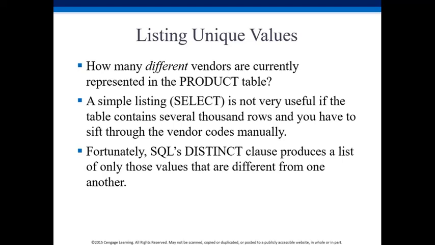For example, in the product table, some products have the same vendor. If you want to specify the products with a distinct, unique vendor, you can use the DISTINCT clause, which goes in the SELECT. You need a reference, and in this case, the unique one should be the vendor. The question is how many different vendors there are. A simple select will not be very useful, so we're going to use DISTINCT.